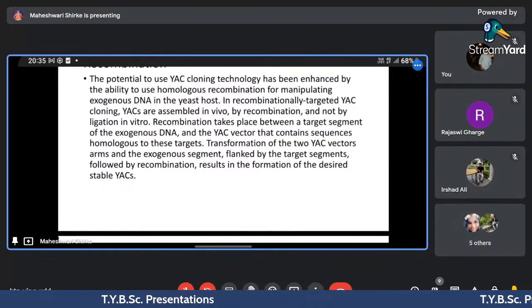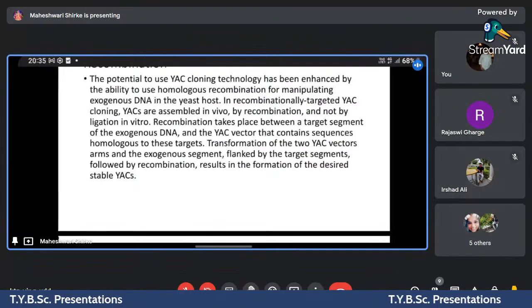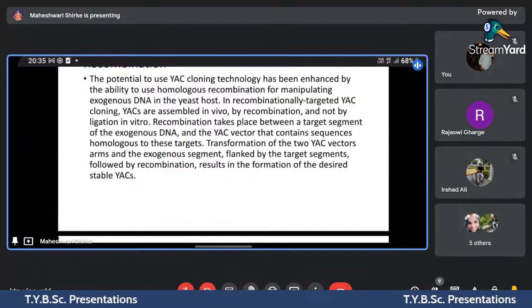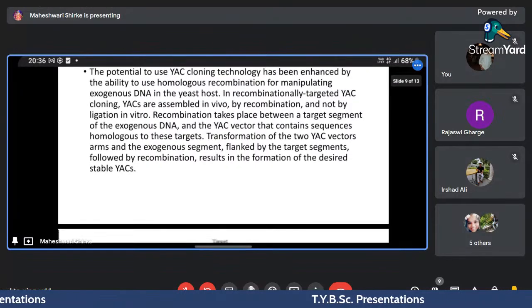Yeast artificial chromosomes are assembled in vivo by recombination and not by ligation in vitro.